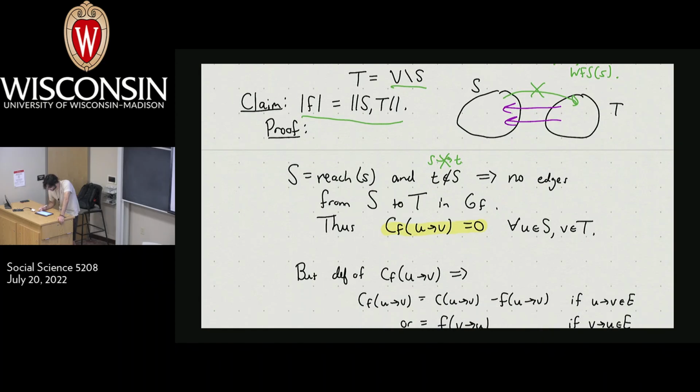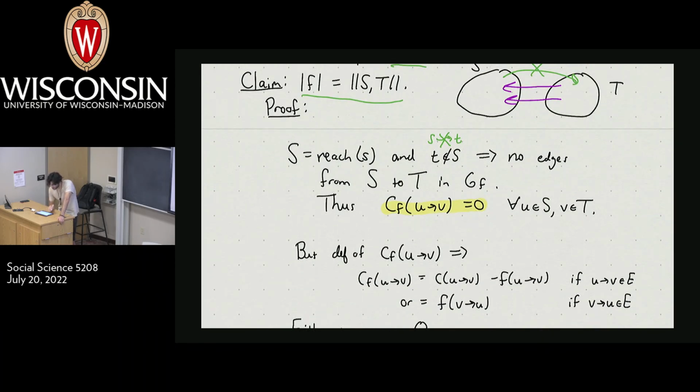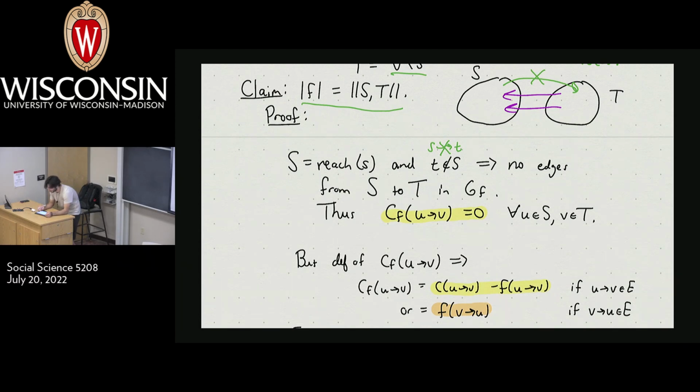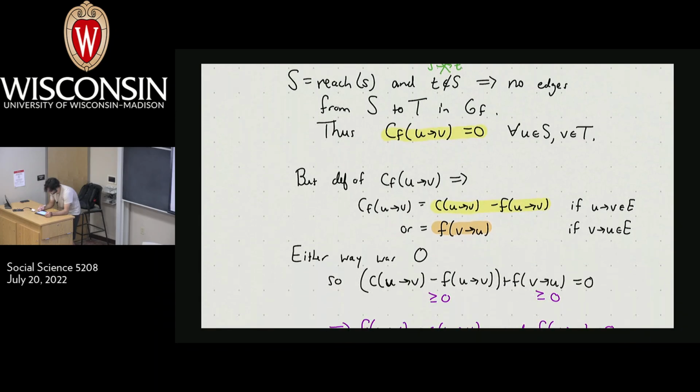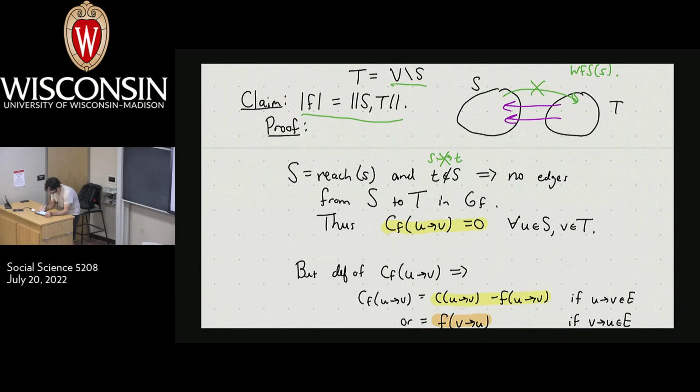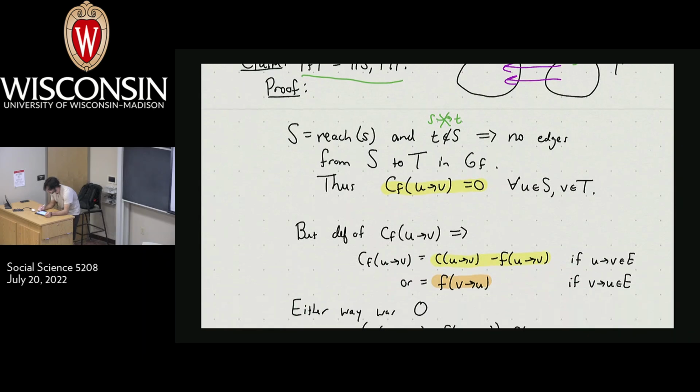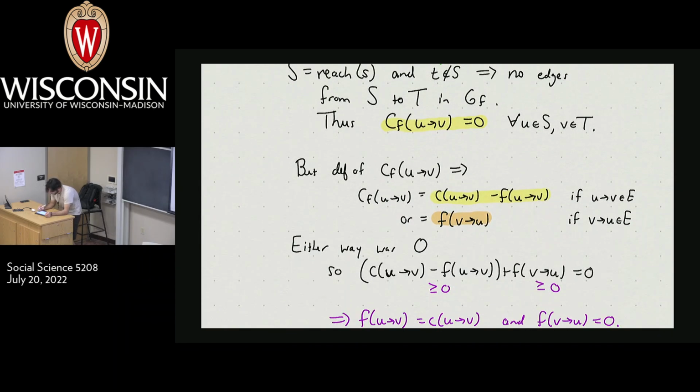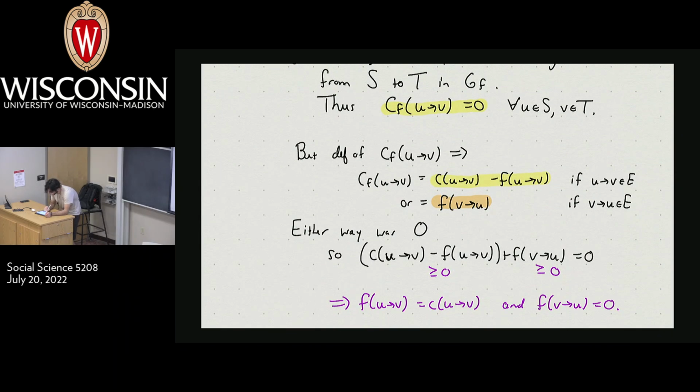So what does that mean? By definition of the residual capacity, the residual capacity is either the original capacity minus f, or it's the reverse flow, depending on whether U to V or V to U is an edge. But either way, they're going to be 0, because by definition, that edge doesn't exist in the residual. So in particular, we know both of these are 0.